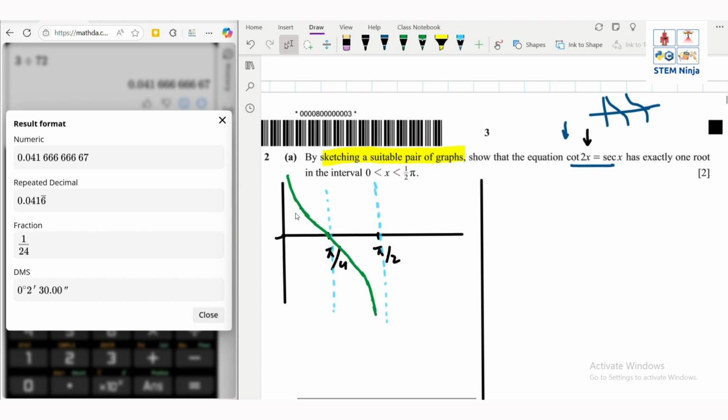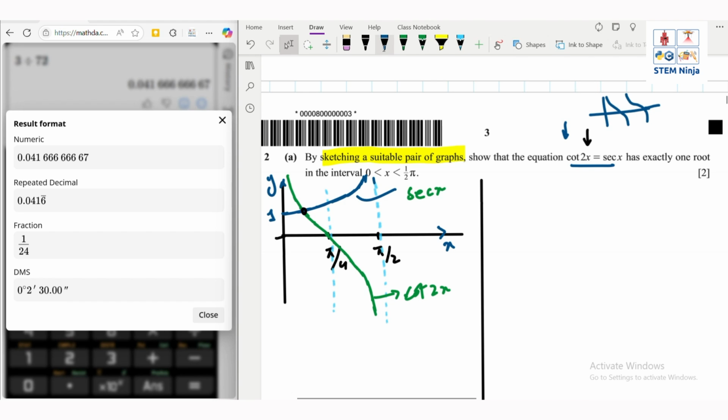So it's going to go like this. So this is your 1. And this is also an asymptote for the secant also. So this is secant x, and this is your cot 2x. Now we can see over here there's only one point of intersection. So that means only one solution to this problem.